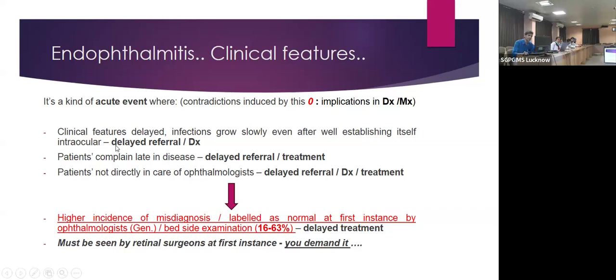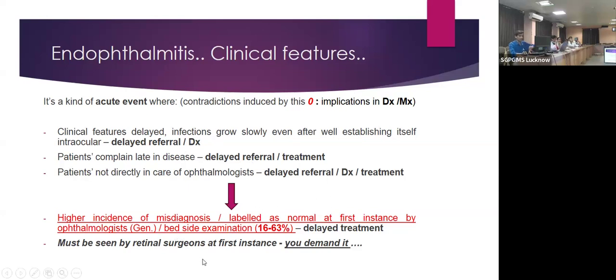So how can you, as a hematologist, know when the patient is not complaining of anything? There is no clinical sign, no redness visible to you, no vision loss complaint. And this all makes the referral delayed, though infection has already come into the intraocular spaces. And once it comes into the intraocular spaces, as I told, it becomes an emergency. But here, most of the time, there is nothing to say that anything is going wrong inside the eyes.